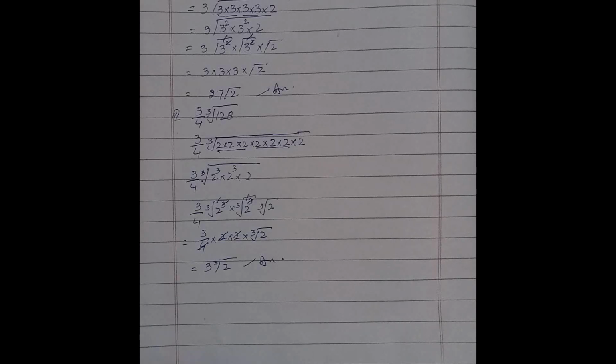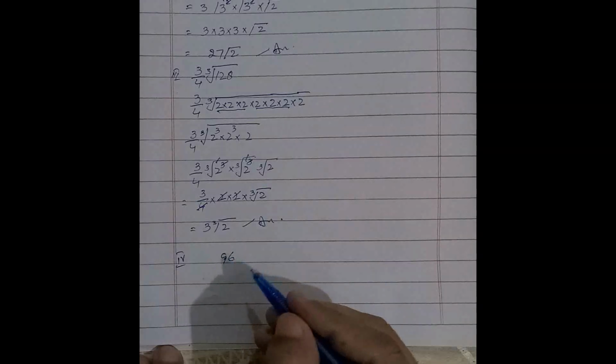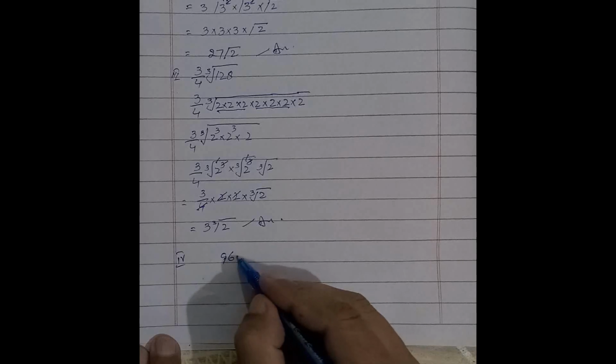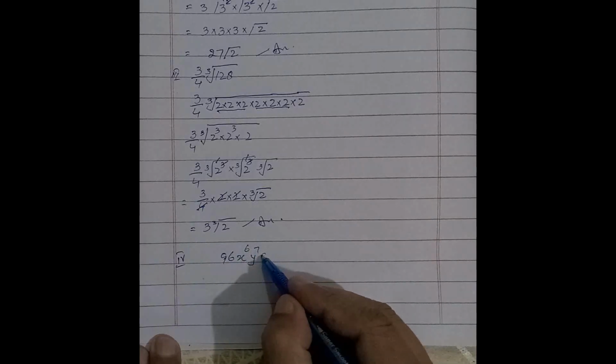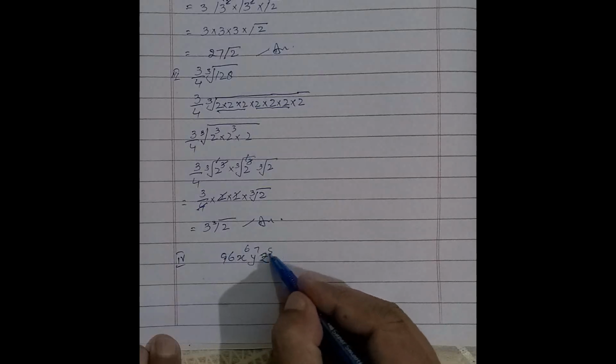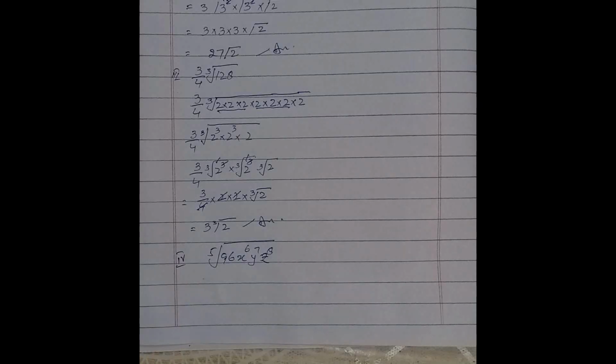And the next value is the fourth part, which is the fifth root of 96 x to the power 6, y to the power 7 and z to the power 8. Now we solve it.